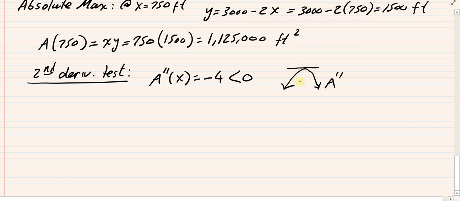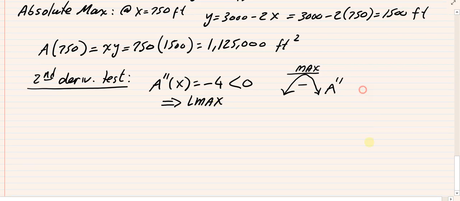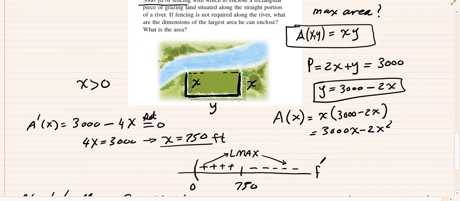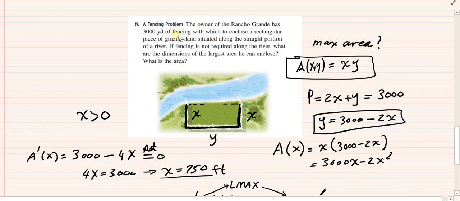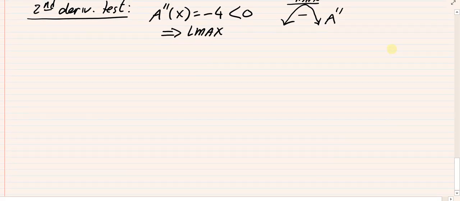That means the function is concave down. It bends away from the tangent line in a negative direction, and therefore it creates a max. And that's what we have. Therefore, because the second derivative is negative 4, which is less than 0, we have a local max at that point. Okay, and there you go. That's the answer to this exercise. Let's take a look at another one.